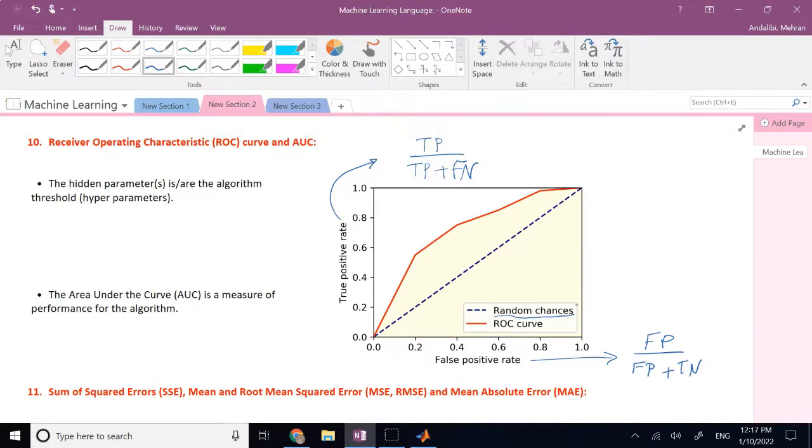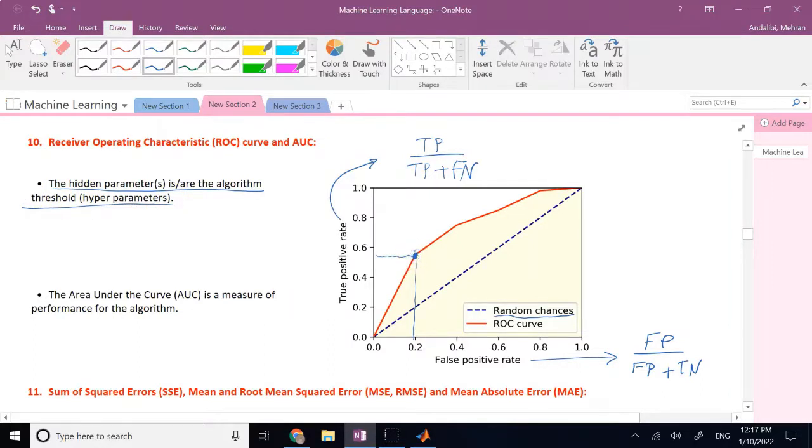Okay, so these two ratios are not equal, and the sum of them is also not equal to 1. You can see, for example, here, this point is somewhere less than 0.6, and the ratio of that is about 0.2. So the hidden threshold, when you choose something for it, gives you one point on this graph.